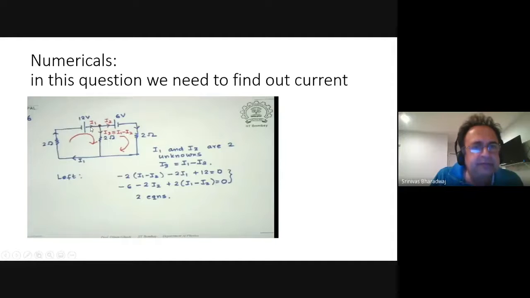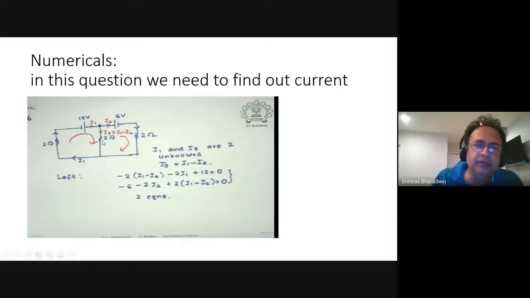Plus 12, minus I1 times 2, minus I3 times 2, and I3 is I1 minus I2. So you end up with this equation.